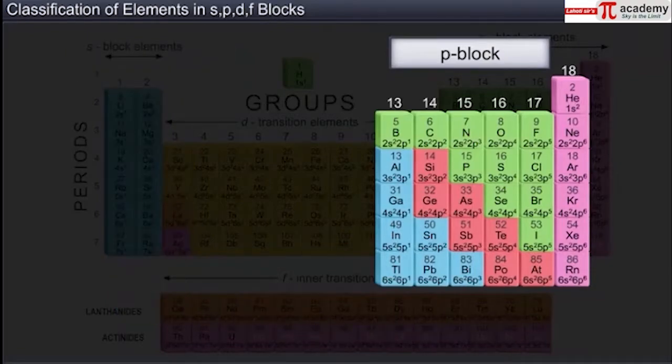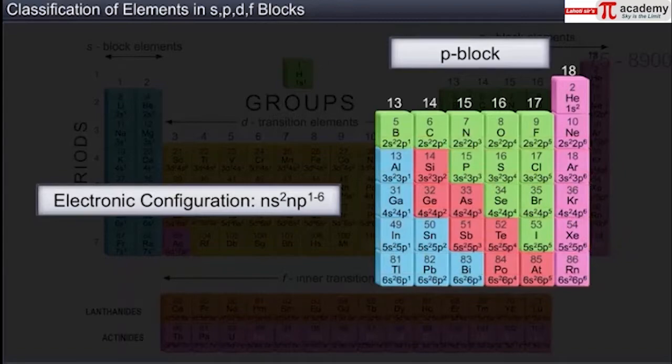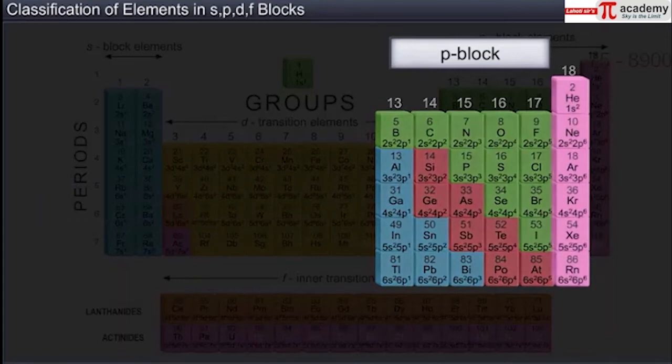The P block elements have their last electron entering the p orbital. This results in an outermost electronic configuration varying from ns2 np1 to ns2 np6 in each period. At the end of each period is a noble gas element with a stable configuration of ns2 np6.